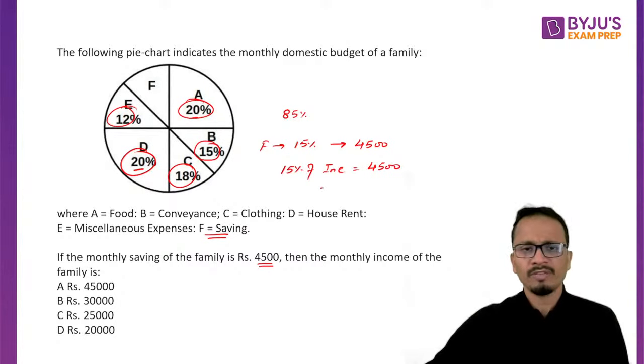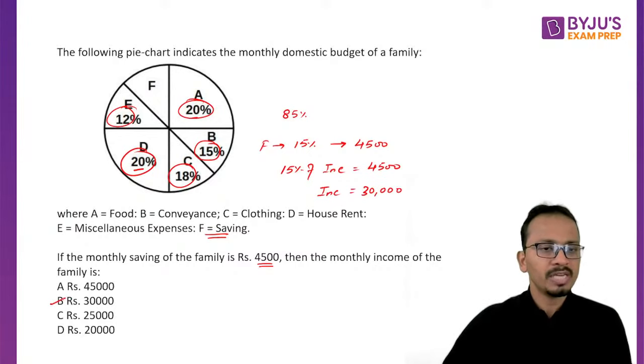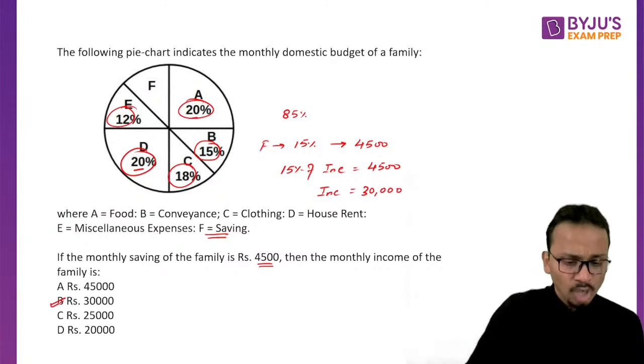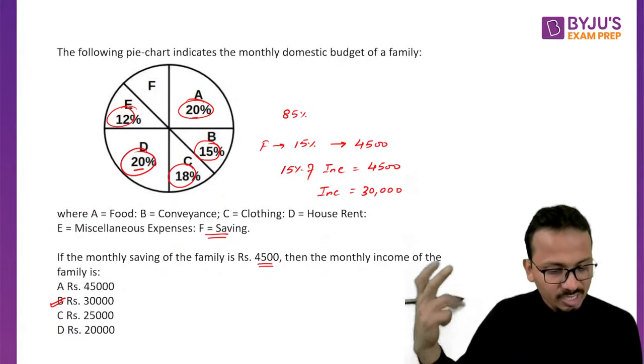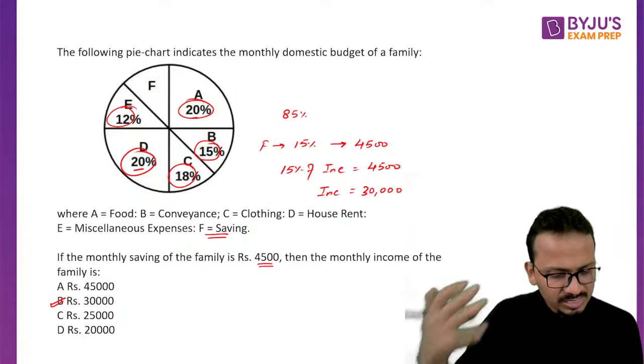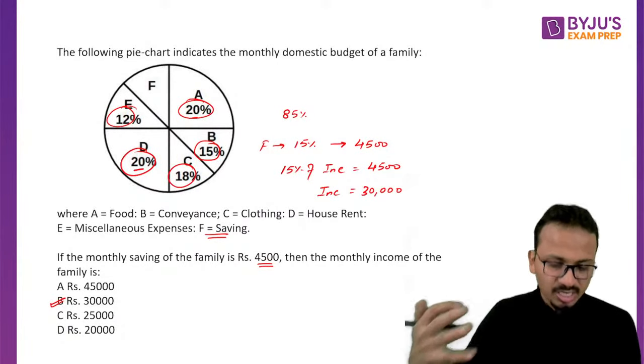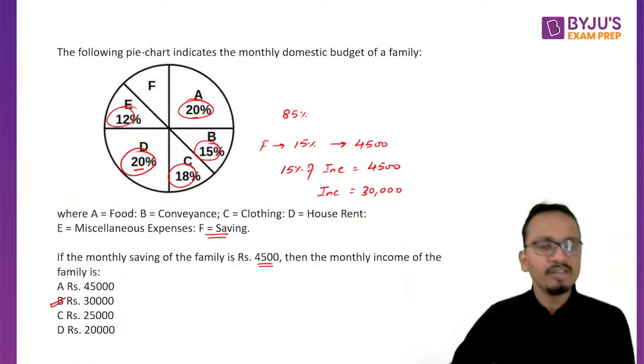So from here you can find out the income, that will be 30,000. So 30,000 will be the income, and the correct answer will be option B. And yes, Kush, Sweetie, Ritik, Gaurav, Anush, Satyasai, Pratiksha, all of you have given a wonderful answer.